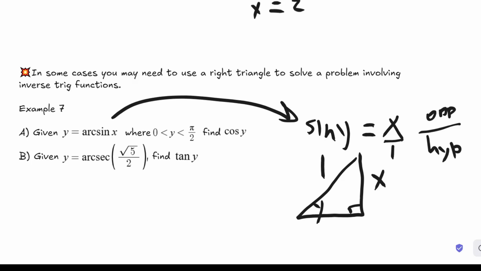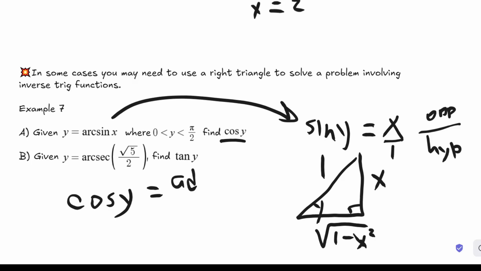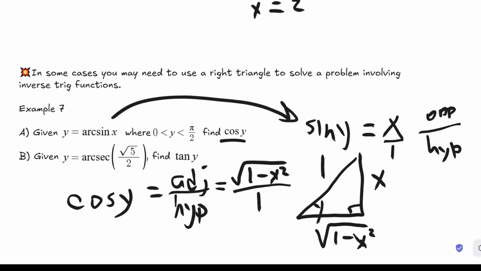Then we could use the Pythagorean theorem to solve for the other side. So that's going to end up being the square root of 1 minus x squared. So cosine of y, which is what we wanted to find, is equal to the adjacent side over the hypotenuse, which is square root 1 minus x squared over 1, or just square root 1 minus x squared.